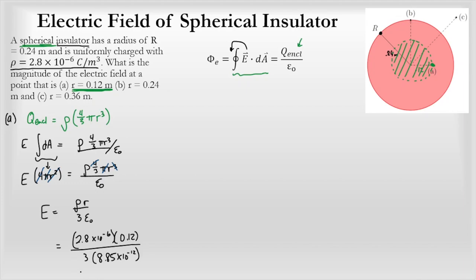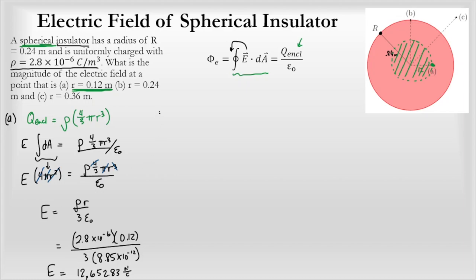You run that through your calculator, you get a little less than 13,000 volts per meter, newtons per coulomb, something like that. Newtons per coulomb is the electric field. That's how you do that.